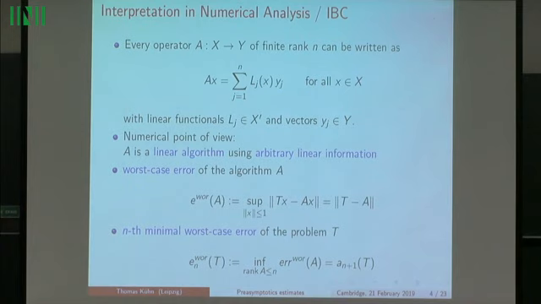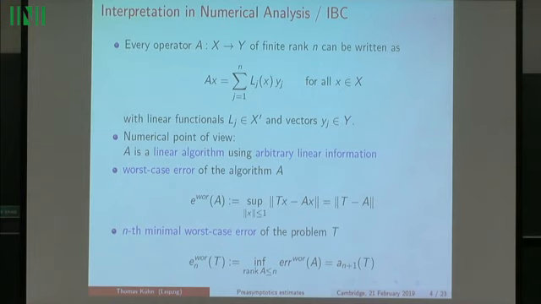So that means we have n linear functionals and n vectors which determine this operator. From a numerical point of view, we can view this as an algorithm. So what is the input? We want to approximate a given operator T at x. So the information we have are these n linear functionals of x, and with this information we build this operator which should serve as an approximation of Tx.